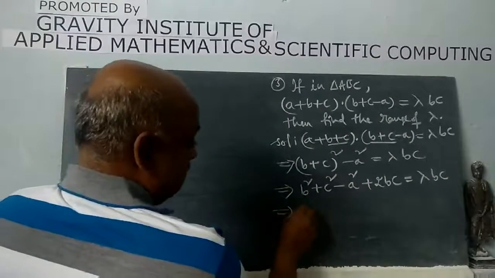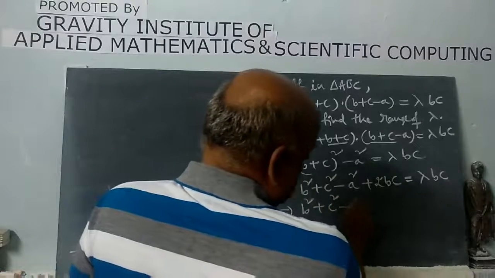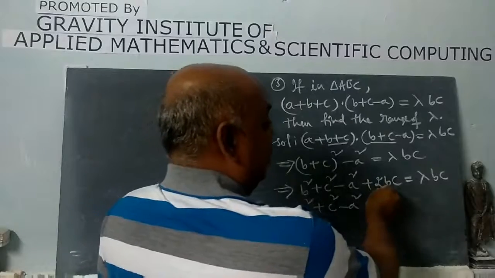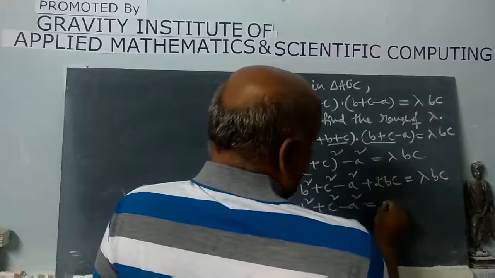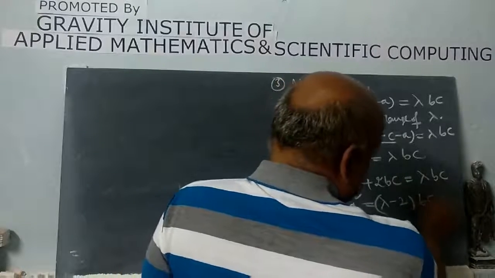So this implies b square plus c square minus a square is equal to lambda bc minus 2bc, taking it to that side. So bc is common, so this is (lambda minus 2) into bc.